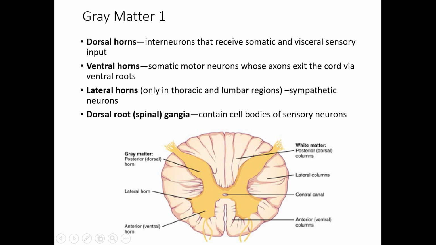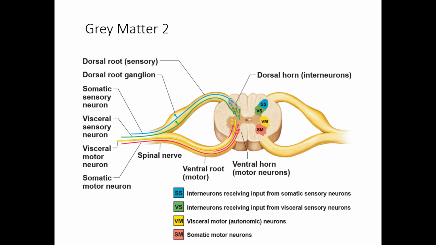Motor neuron information originates from here and goes from the spinal cord to activate muscles and glands. Finally, right here there are lateral horns, and in the lateral horns there are sympathetic neurons. Sympathetic neurons are part of the autonomic nervous system. It's another chapter.